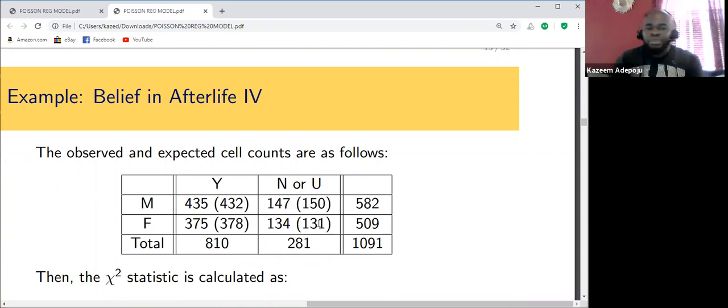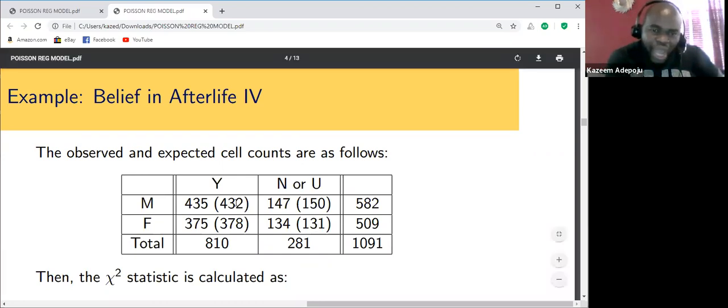To arrive at 150 right here, like I said, we get this expectation: you multiply the number of male, which is 582, by the probability of no or undecided. So you'll be able to get the 150, and you're also going to be able to get the 131. Is there any one of you who doesn't know how I got the values in the parentheses?